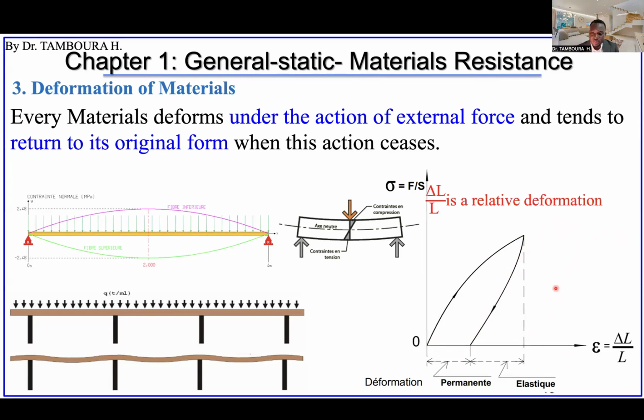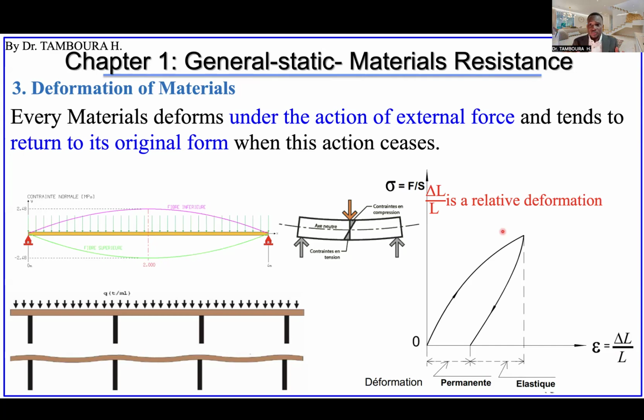So this delta L, we can call it relative deformation. Okay, please understand what delta L is. Delta L is the amount of length that increases or decreases. Supposing you have a material whose length is 10 centimeter, and you pull it to 10.5 centimeter.